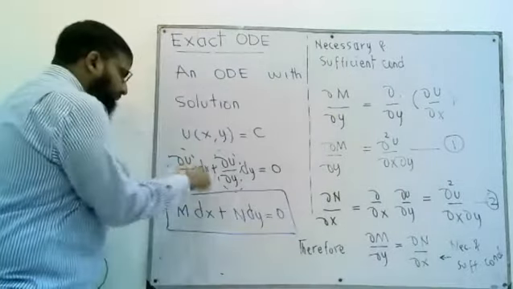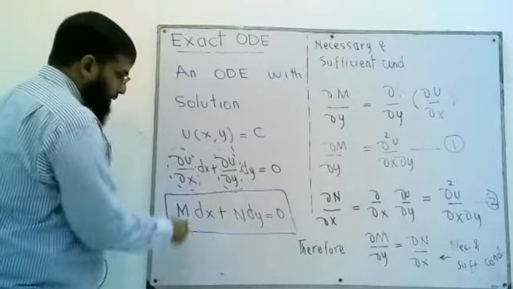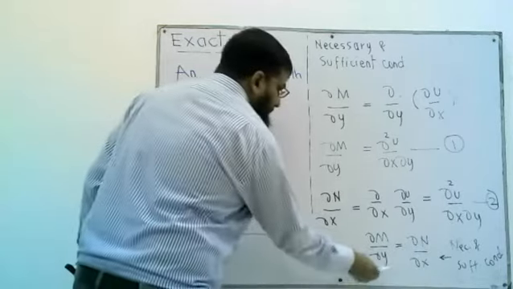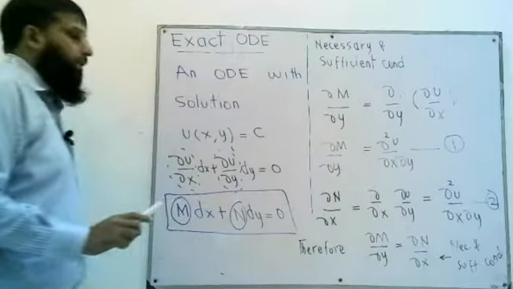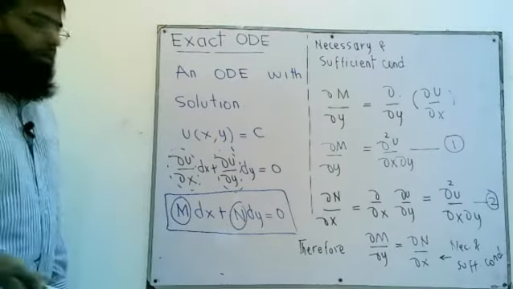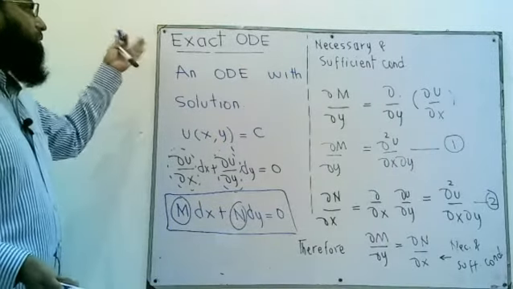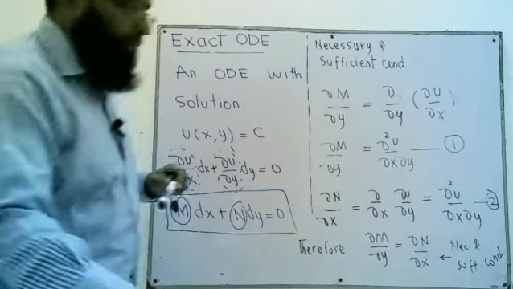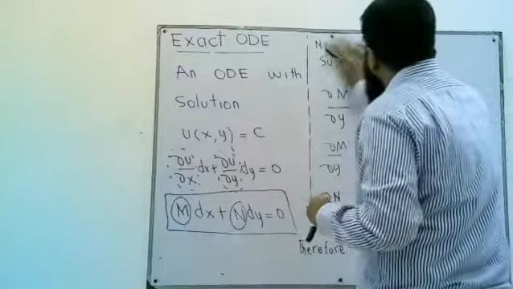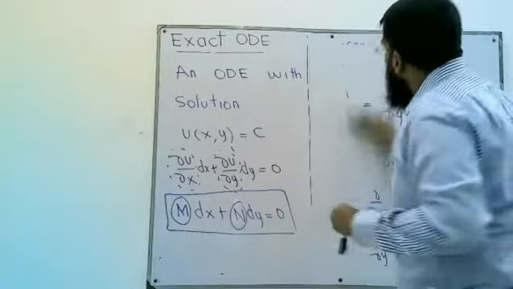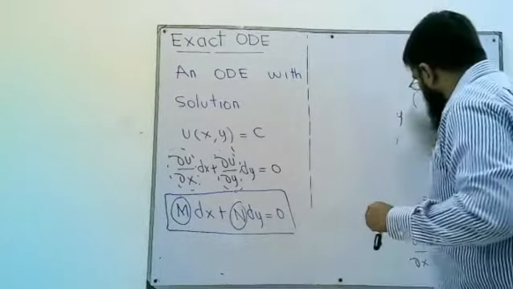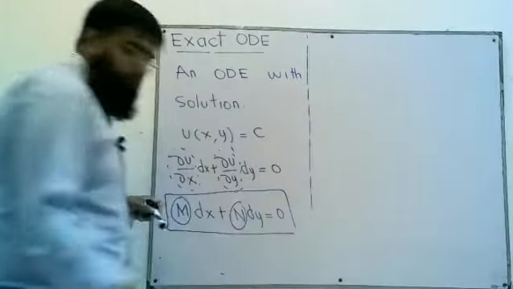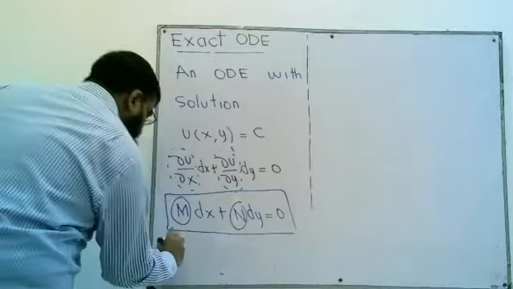We call this M, this N, and we differentiate M with y, and N with x. If they come out to be equal, then this is an exact type of ordinary differential equation. And once we have established that condition, we know the solution straight away.